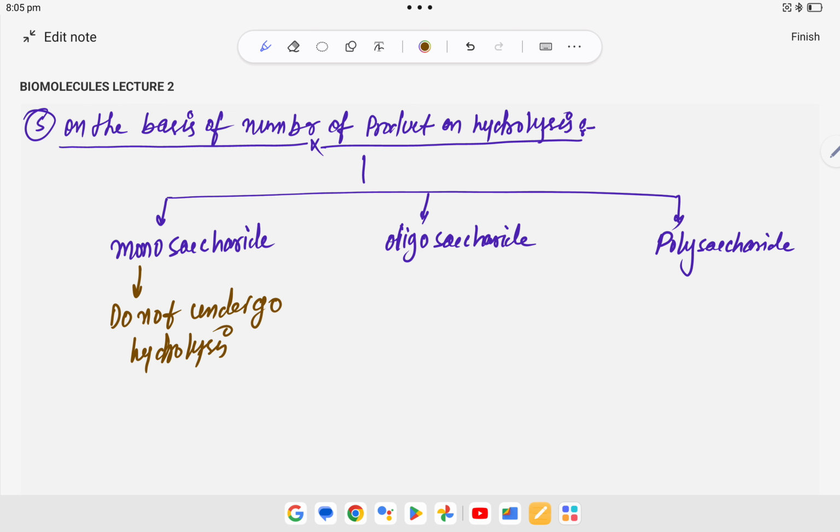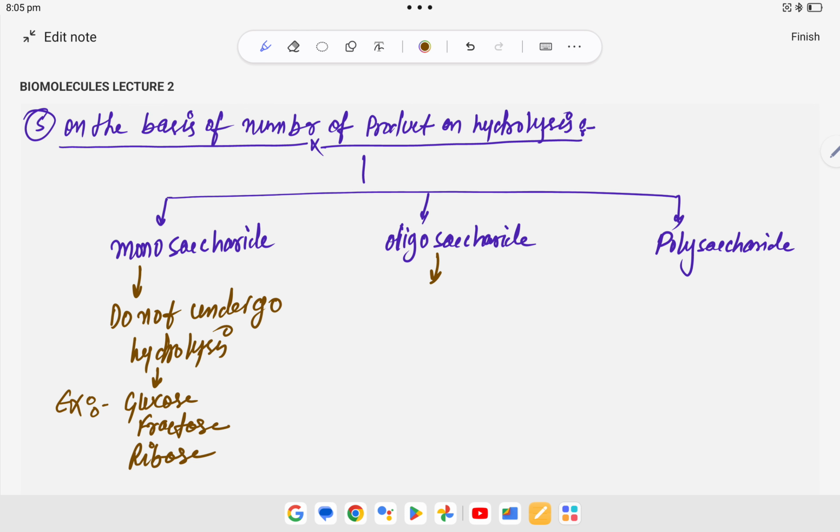They do not undergo hydrolysis. Examples: glucose, fructose, ribose, etc. So children, it's just simple. If you are mixing glucose in water, then what will you get? Only liquid glucose, nothing else. No product formed. That is why glucose is a monosaccharide.